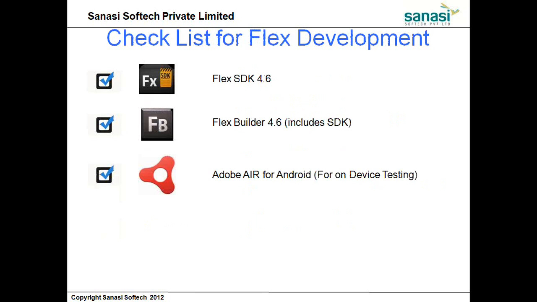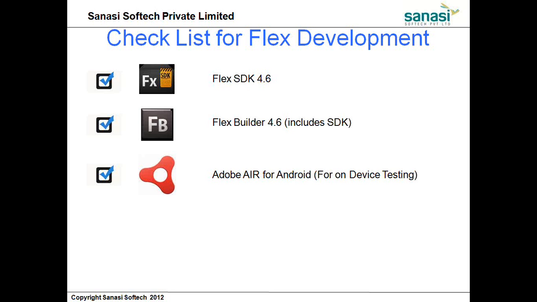So let's move on to the final checklist, and this is a completely different setup, and this is for developing applications in Flash using the Adobe Flex SDK. So the checklist in this case is going to be 3 items. You'll have to get hold of the 4.6 version SDK of Flex, and you'll have to use the Flex Builder, which is in fact a product from Adobe.